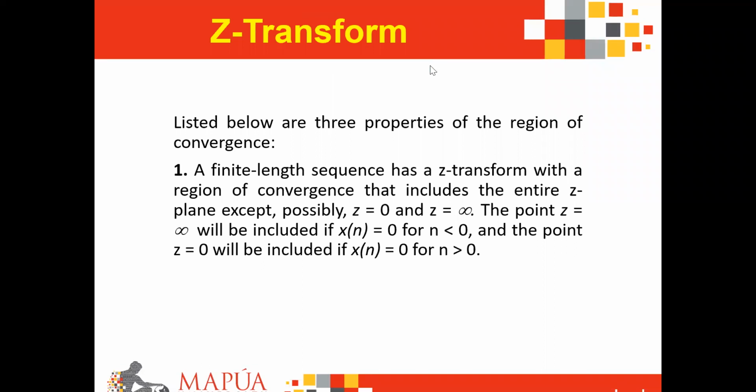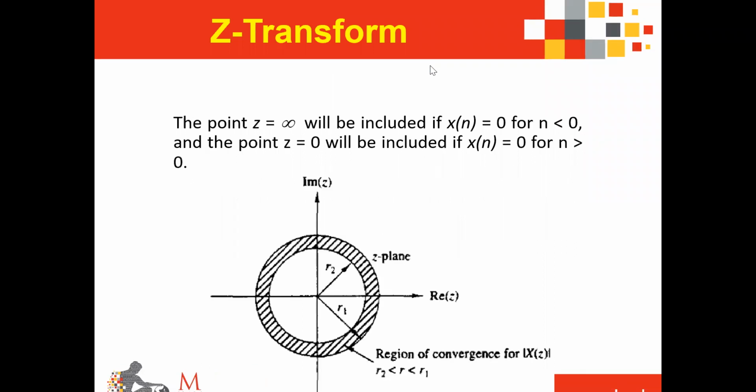That's it. Okay? So this is what happens. Always, the possible regions of convergence are only three, when you're doing Z-transform.